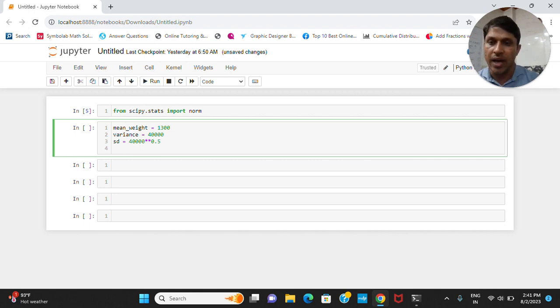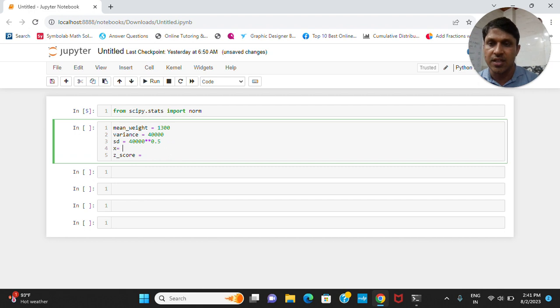Now I will calculate the z-score. Before writing the z-score, I have to give the x value. X is 979 pounds. All values are in pounds, and the z-score is nothing but x minus mean weight divided by standard deviation.